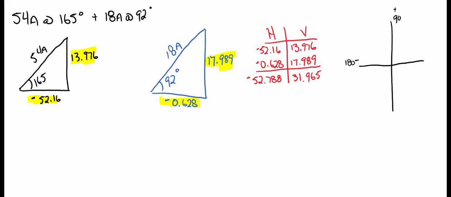So I know that my resulting phasor will once again be somewhere in that second quadrant. It'll be somewhere between 90 and 180 degrees. Perfect.